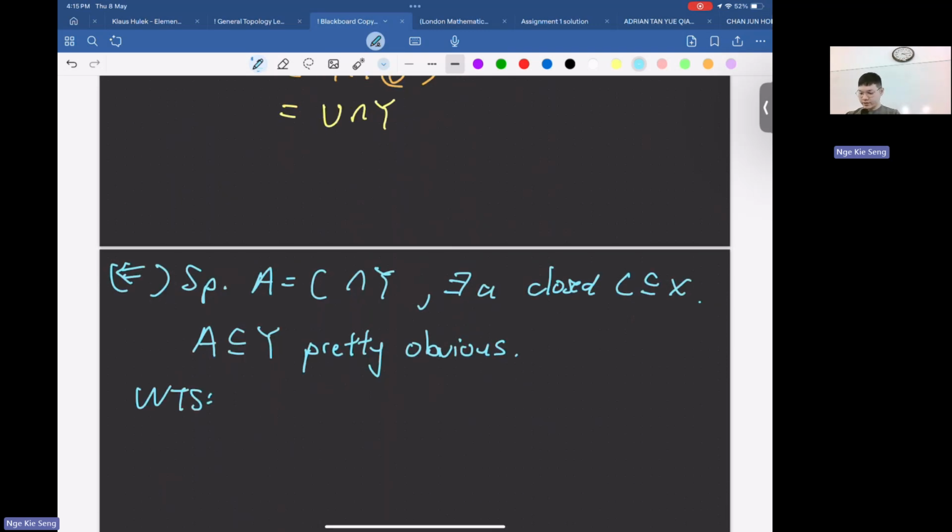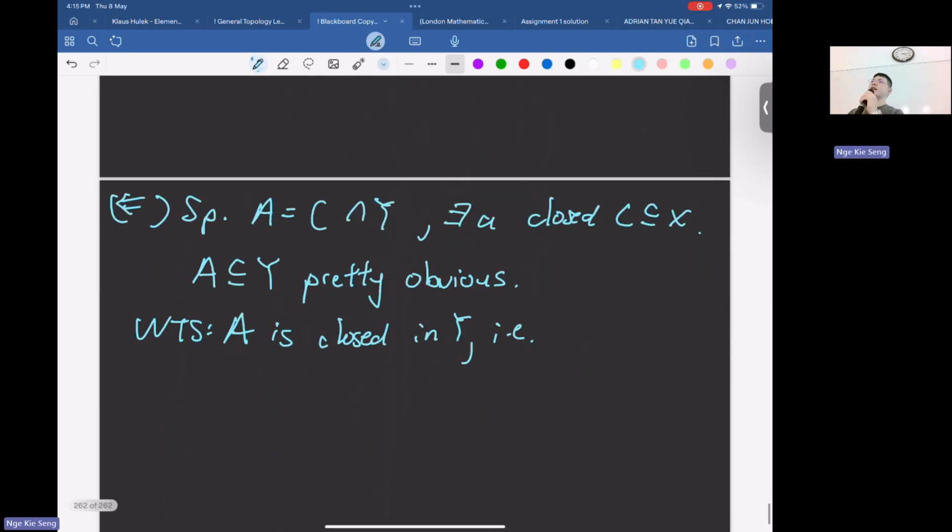So next, we're going to show A is actually closed in Y. Okay, what does closed in Y mean? Check again. What does A is closed in Y mean?